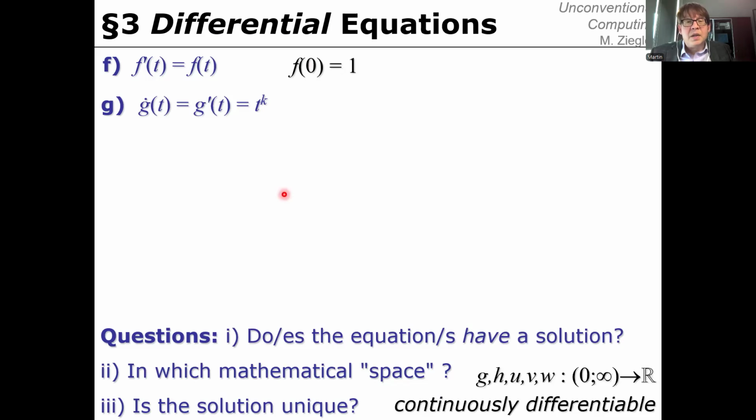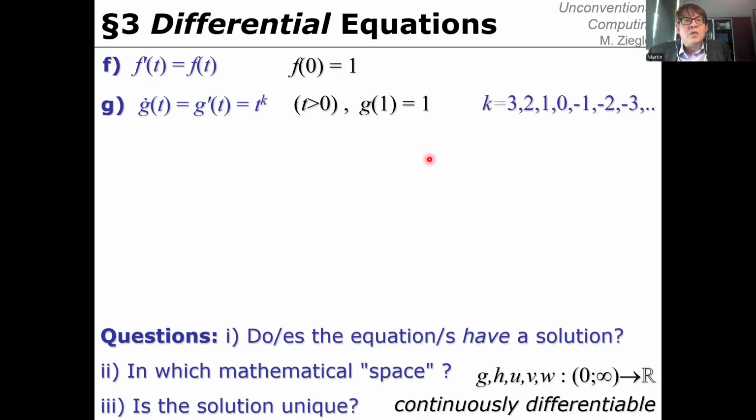This is a continuously differentiable function. It has no corners in the graph. We're going to again add conditions to make the solution unique. We want only positive arguments t, and we want the value of the solution to be 1 at argument 1. That's one kind of solution.